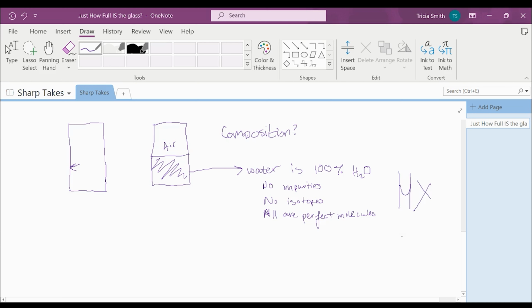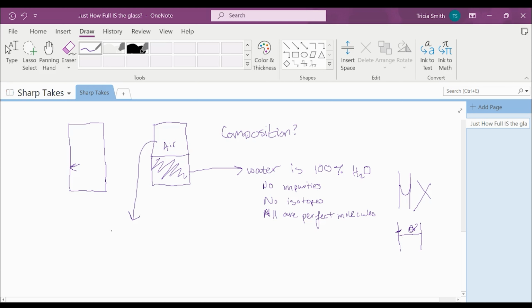So it's perfectly horizontal contact between the glass and the air. Let's have the makeup of the air reflect atmospheric conditions.